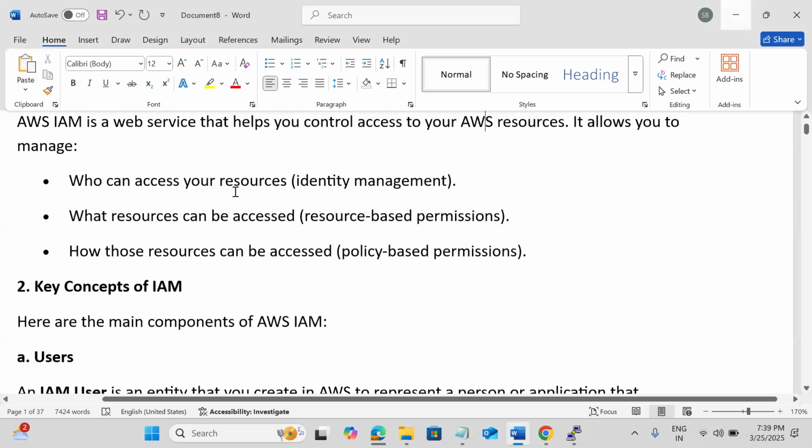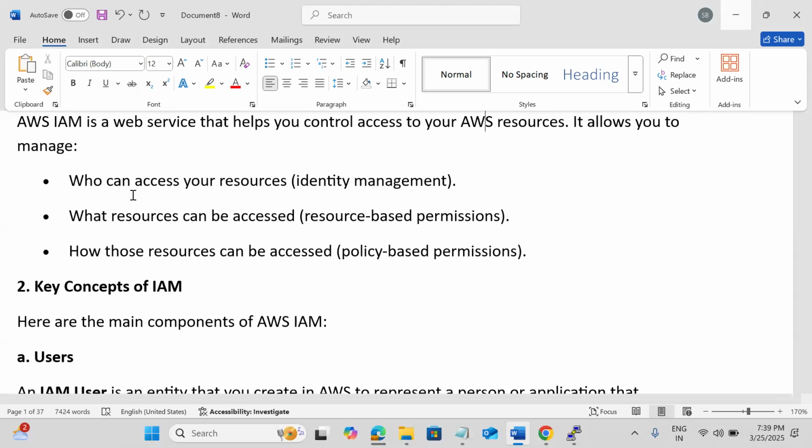So we have EC2, or maybe an S3 bucket, or EBS or EFS file mounts, or a Kubernetes cluster. Who can access our resources? We can define that at the resource level itself, or policy driven also.